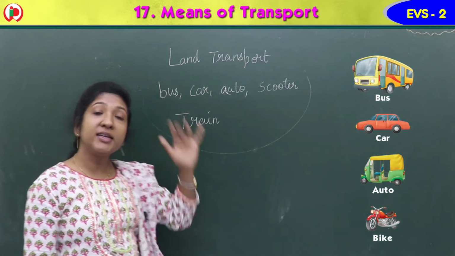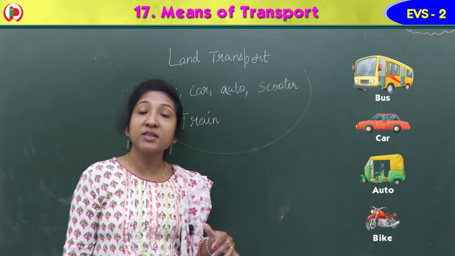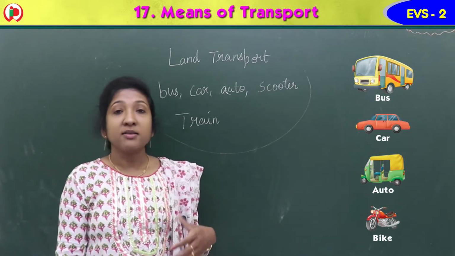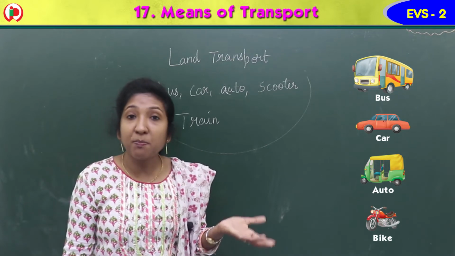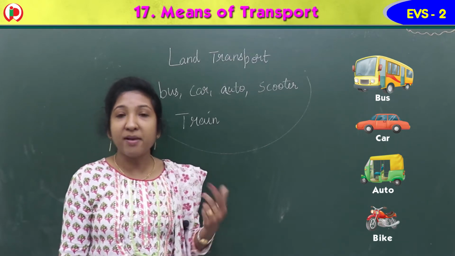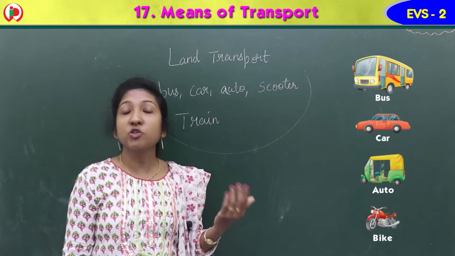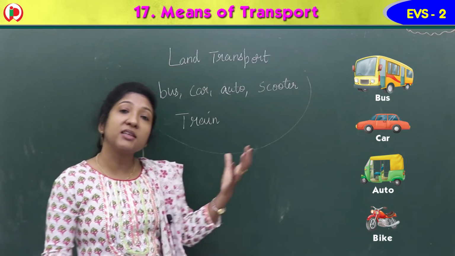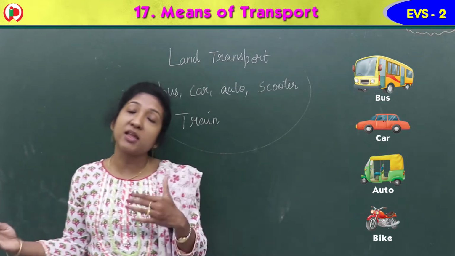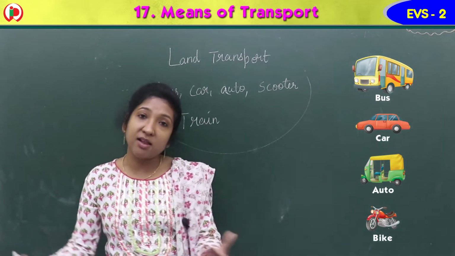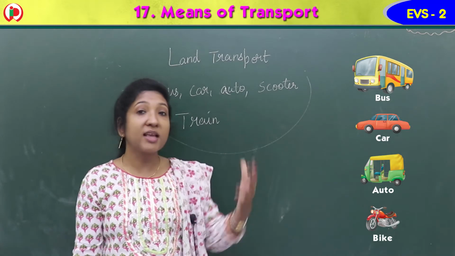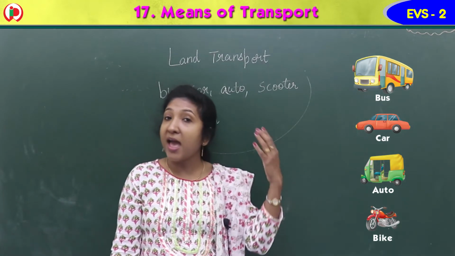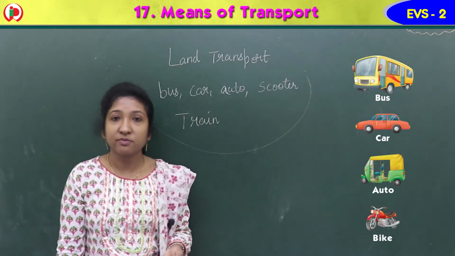You know, in olden days, early days, people used animals to carry goods from one place to another. Sometimes animals used to carry people also. Camel, horse, people used these animals to carry things, goods from one place to another. Sometimes people also traveled on animals. Those days there were no vehicles, so they took the help of animals sometimes.